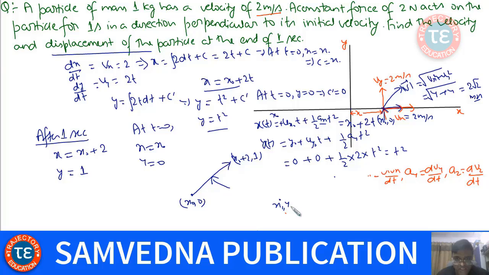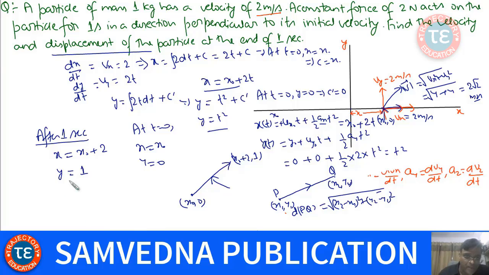See, when a body moves from say x1, y1 to x2, y2, then the straight line distance is going to be the displacement. Let's call it q, let's call it p. I'm giving a general formula. So d pq, displacement between p and q, or straight line distance between p and q, is given by under root, x2 minus x1 whole square plus y2 minus y1 whole square.